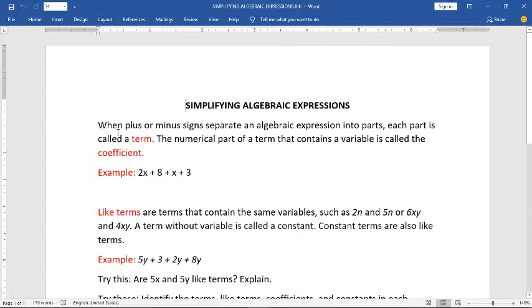Okay, when you have plus or minus signs, they separate an algebraic expression into parts. Each part is called a term.